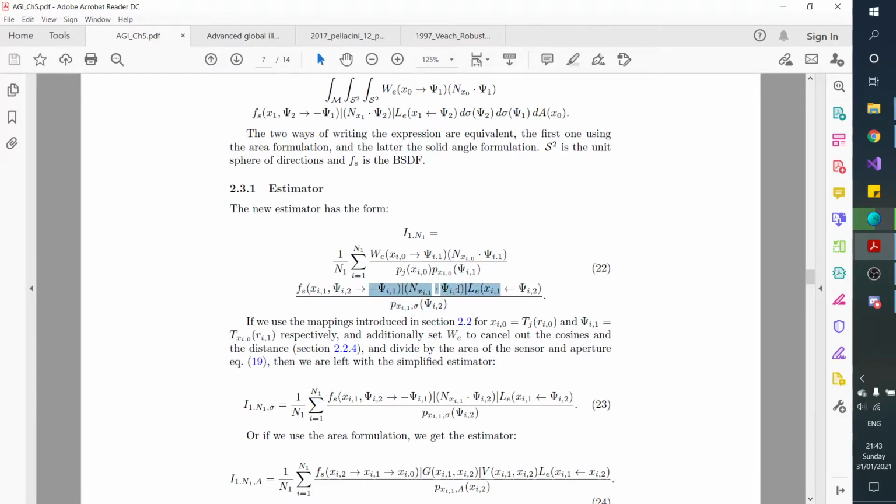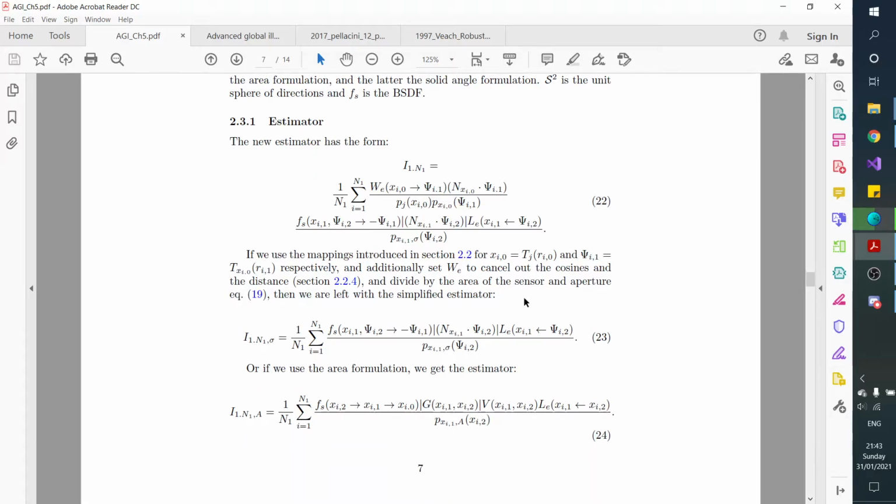This is an absolute value in case, for example, you choose a BRDF or BSDF that transmits light, because then this needs to be positive, obviously. So here you pick the point on the pixel the exact same way as for the zero bounce estimator. Same thing for the aperture point.